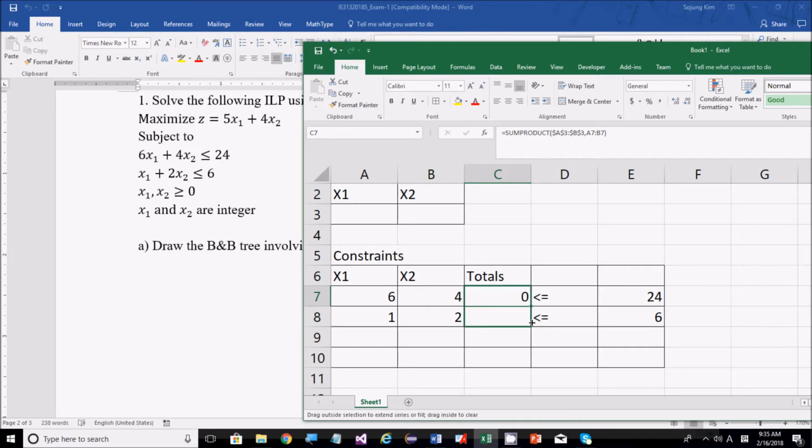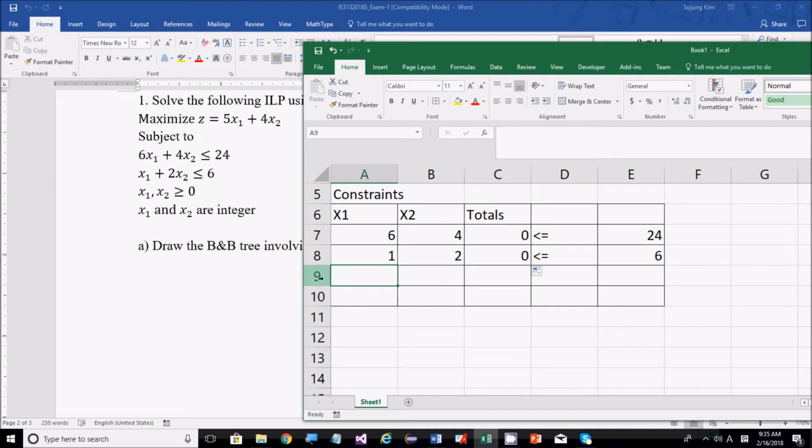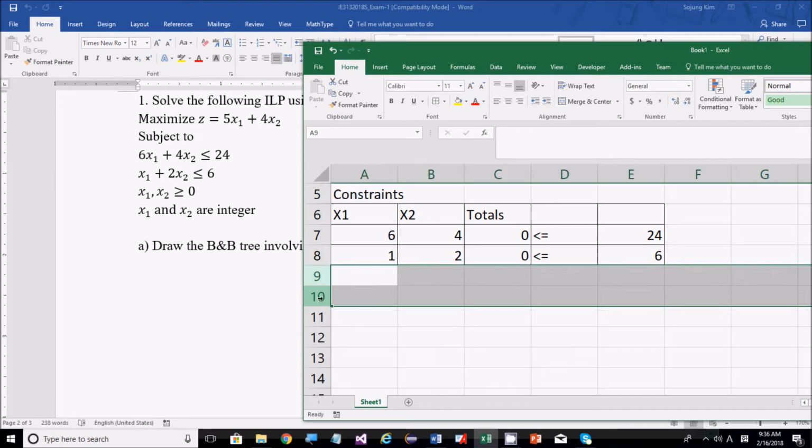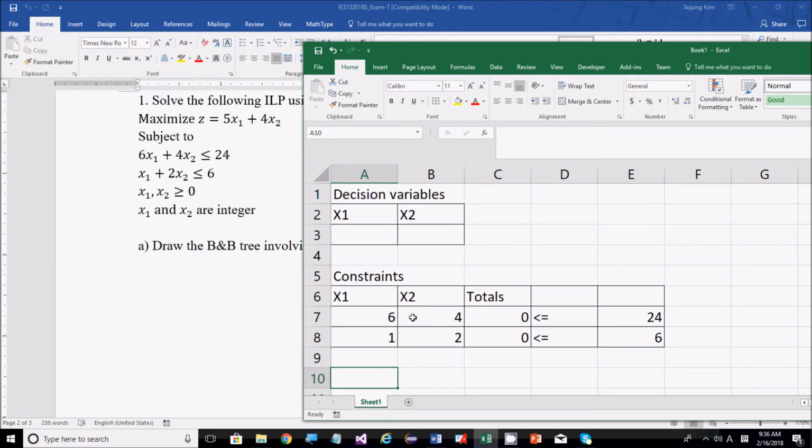You can use the autofill function in Excel. So that's it for the first initial step, I mean the first iteration of the branch bound algorithm.